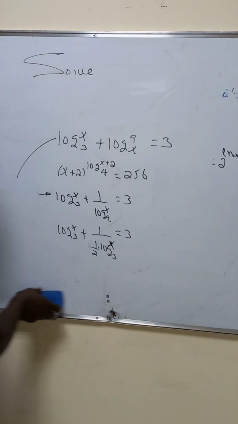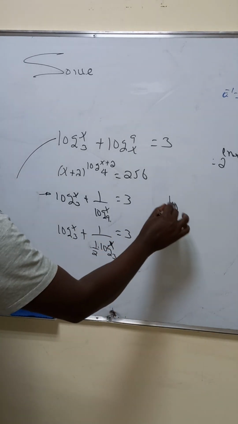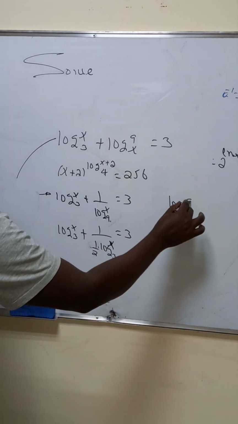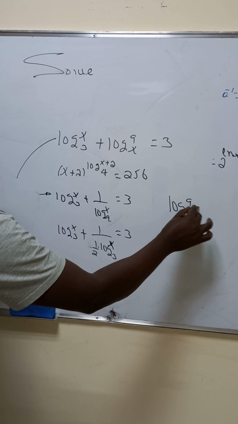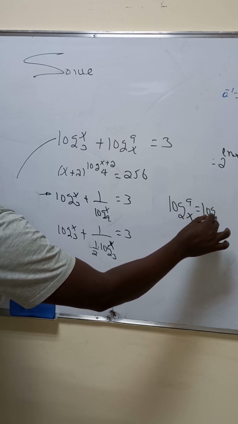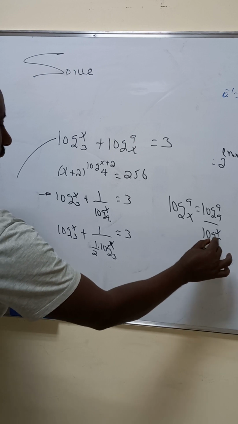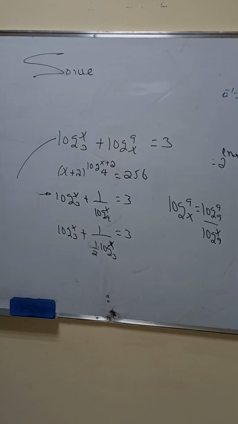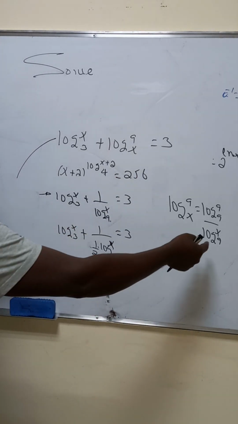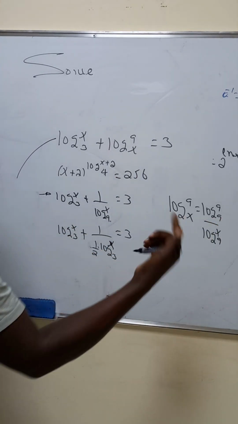No question, this is correct. Please look carefully here: the logarithm of 9 to the base x means the logarithm of 9 to the base 9 over the logarithm of x to the base 9. Maybe somewhere I swapped the positions, so you have to be careful.